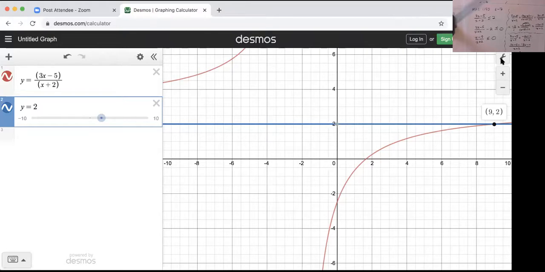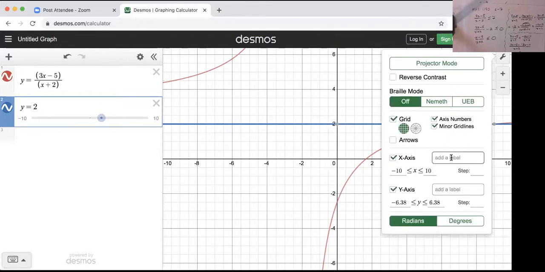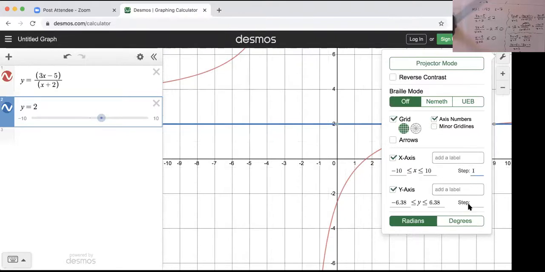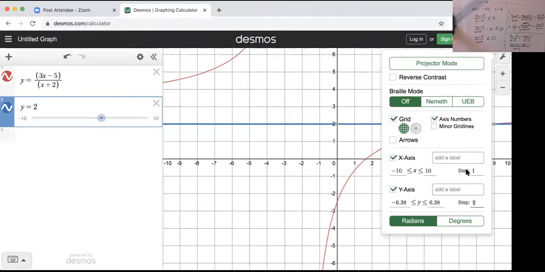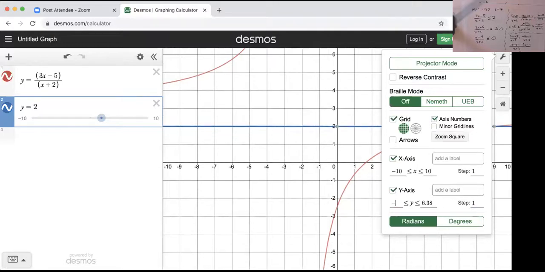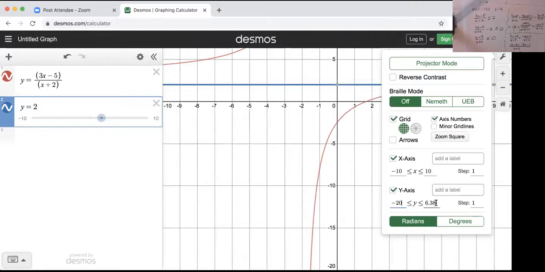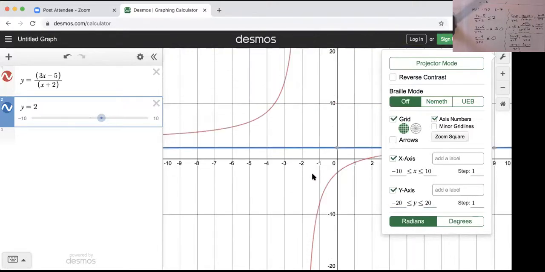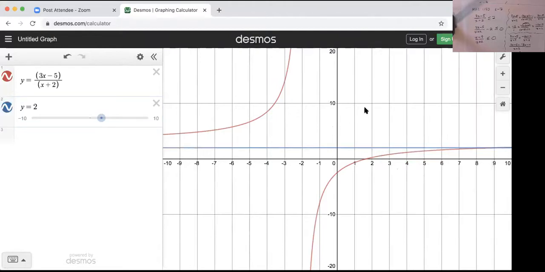I'd like to see some more y. So let's do this first off so we can see all of those numbers, and let my y go from maybe -20 to 20, so we can see what's happening here.